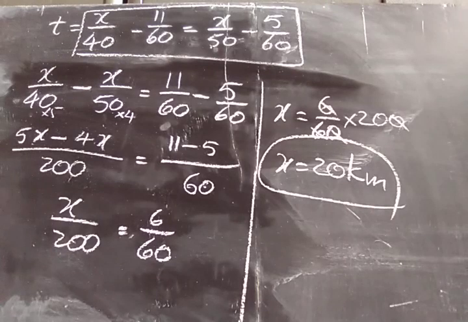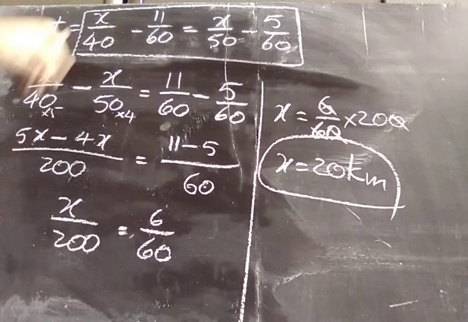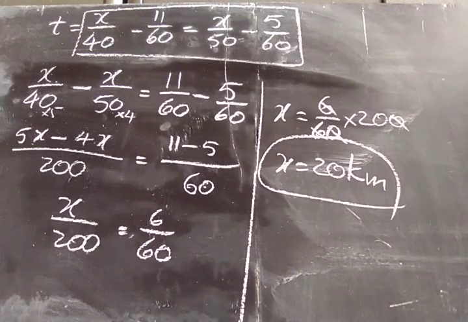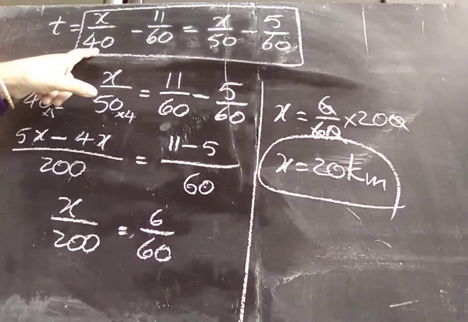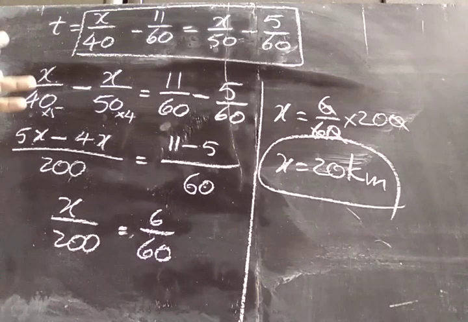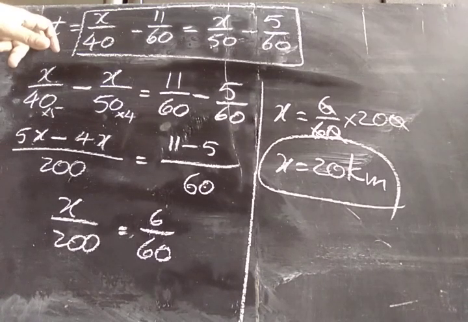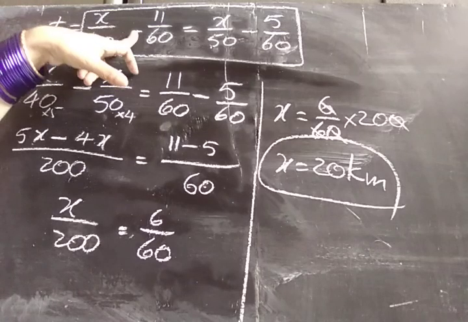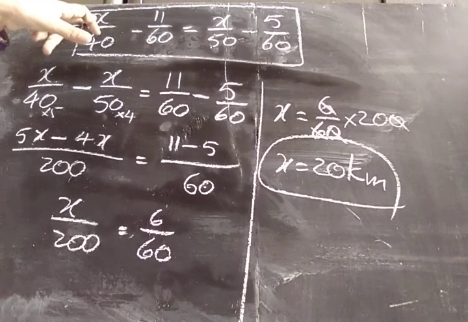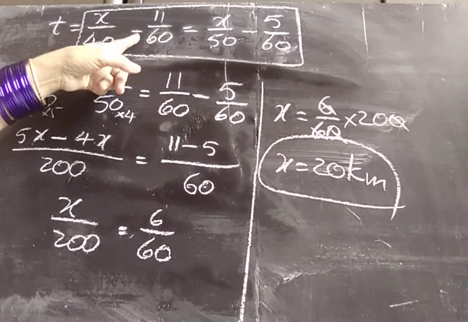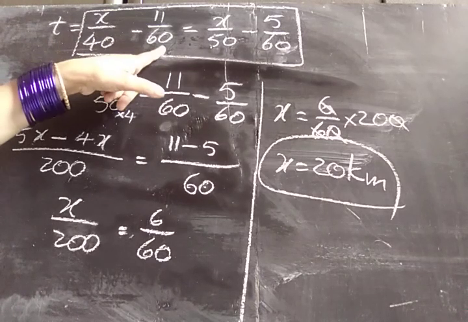First, you have to take the distance, let it be x. If the speed is 40 kilometers, it is 11 minutes late. So then time is t plus 11 by 60. Time is equal to distance by speed, X by 40 minus 11 by 60.